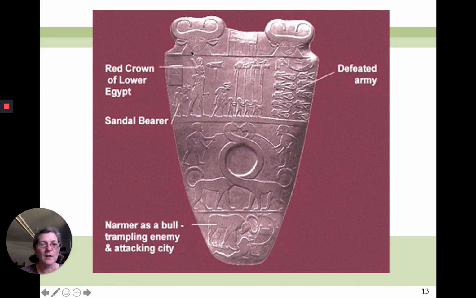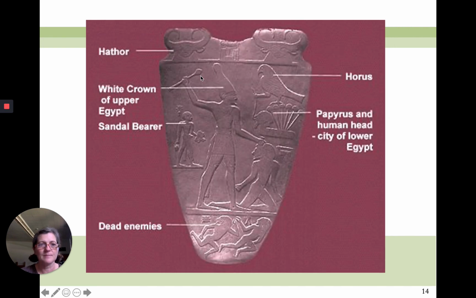Lower Egypt right here, Upper Egypt right here. We said this was symbolic of the unification of Egypt because previous to this, Egypt was in a lower and an upper part, and now it's just unified under the rule of the pharaoh.